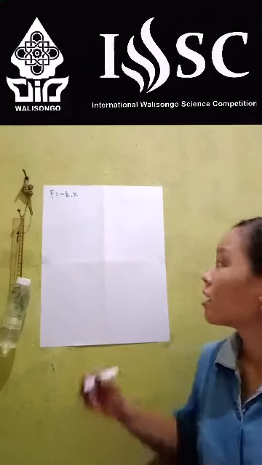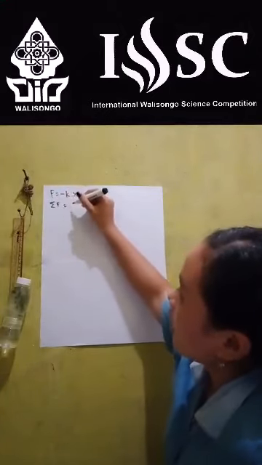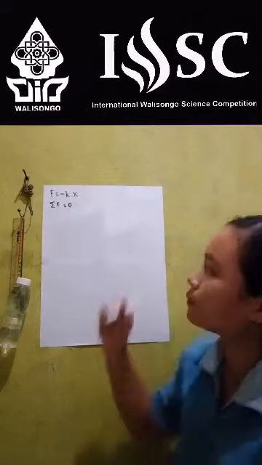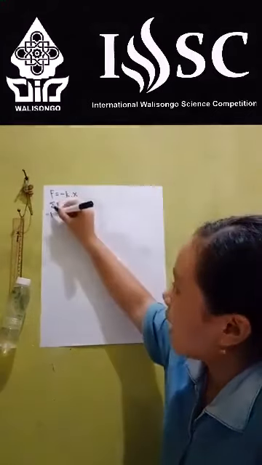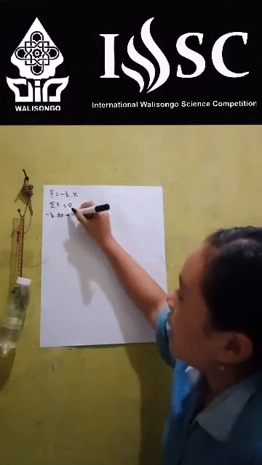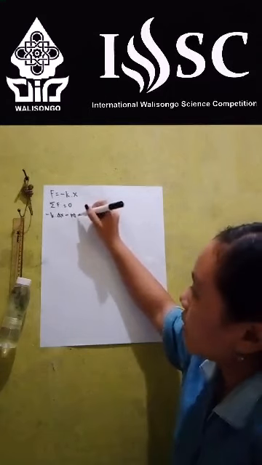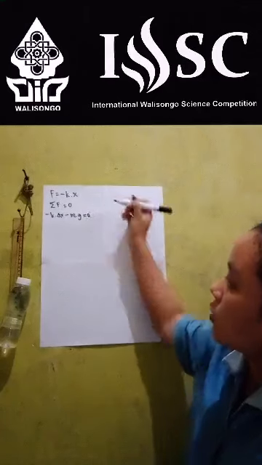So the equation for this case is sigma force is equal to 0. We can write this equation as minus k times displacement of the object minus mass of the object times gravitational acceleration equals 0.